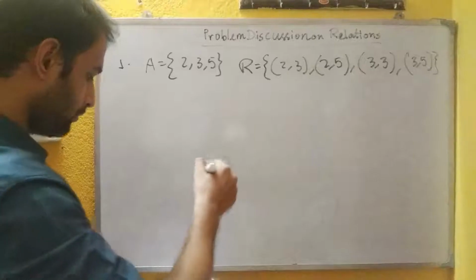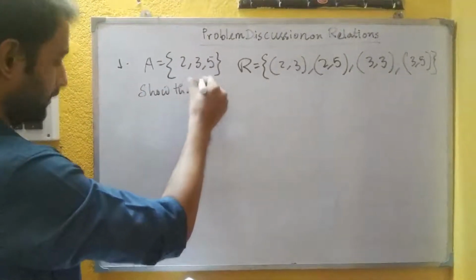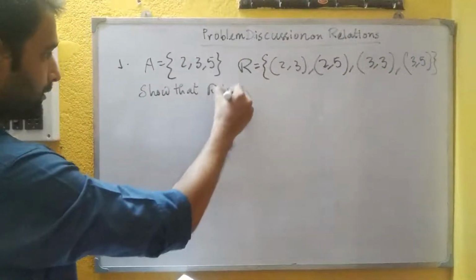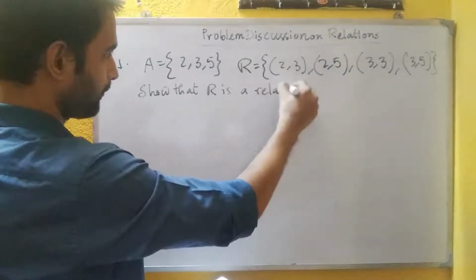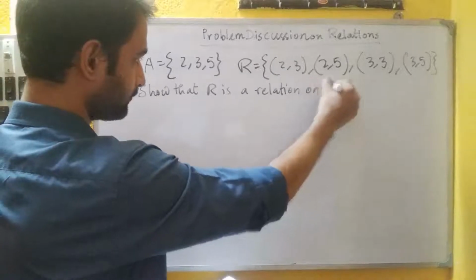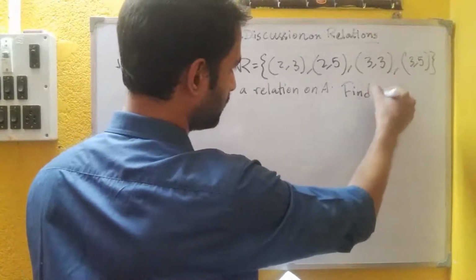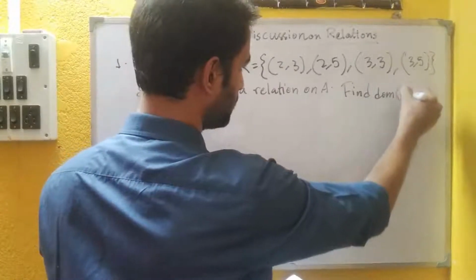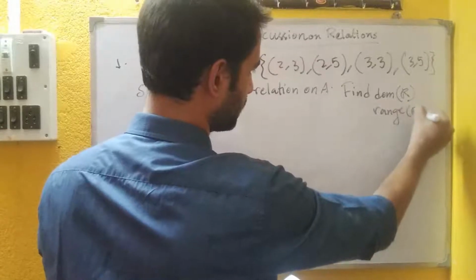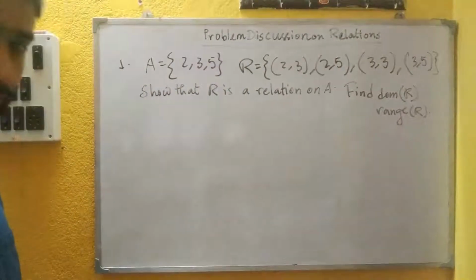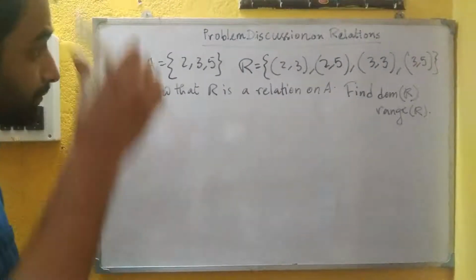What we have to do is to show that this R is a relation on A, and also we have to find the domain of this relation and also the range of this relation. So let us see how we can do it.